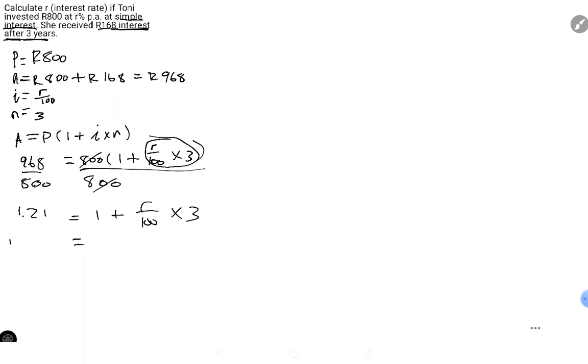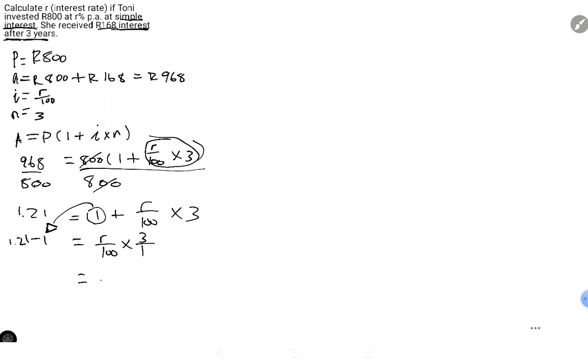So I'm going to have 1.21 minus 1. It's this one here. That's gone there. It becomes minus because it was positive on that side. So this side I'm left with r over 100 multiplied by 3 over 1.